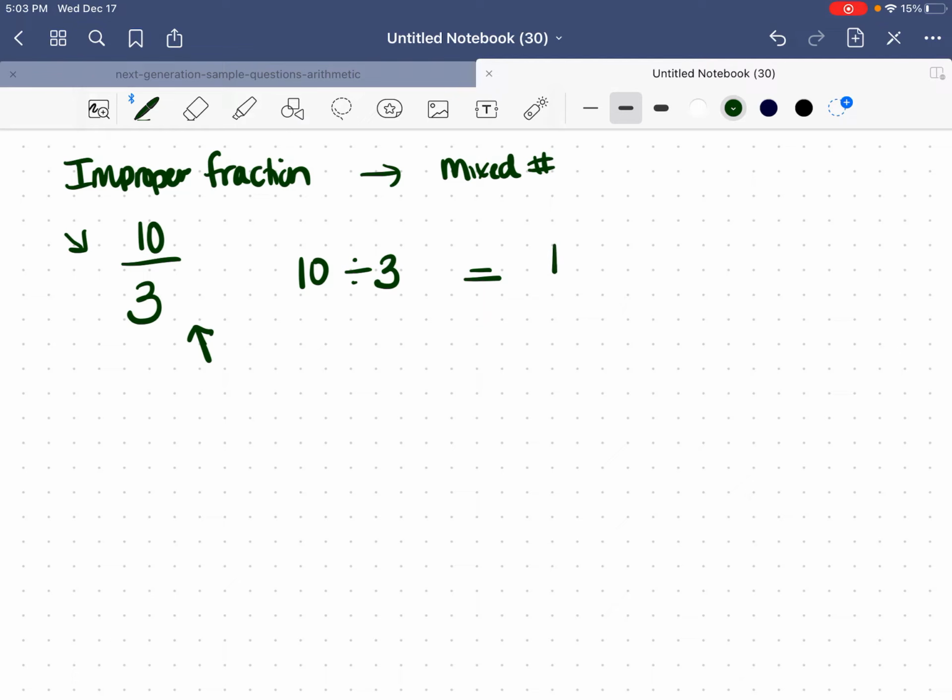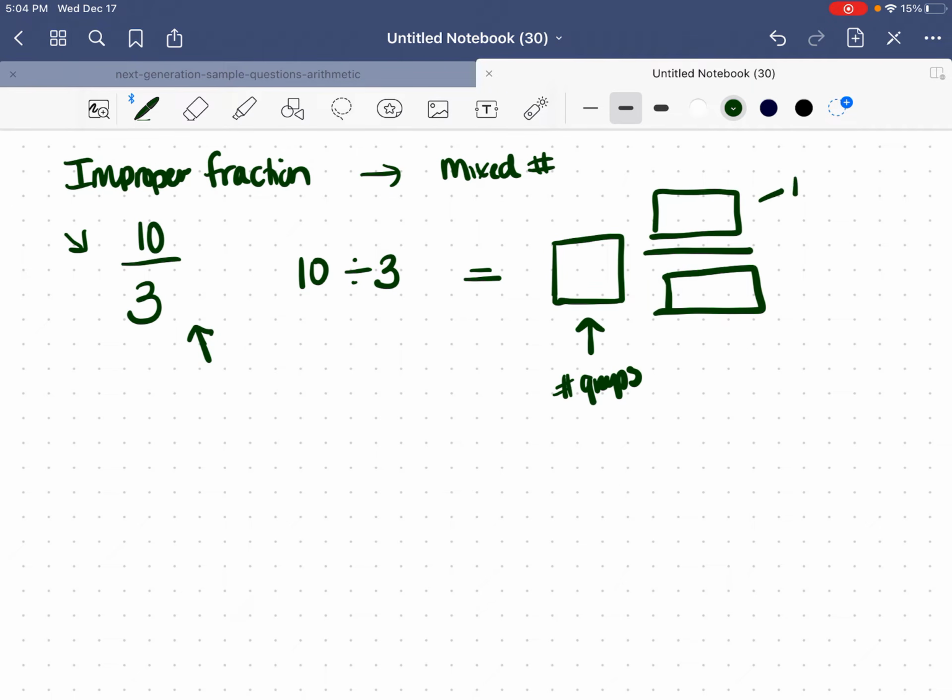What do I mean by that? Well, when you do 10 divided by 3, there is going to be a certain amount of groups that you can make. That number, the number of groups that you can make, is going to be the larger number, the whole number. Then there's going to be some remaining values. Those remaining values are going to be placed in the fraction.